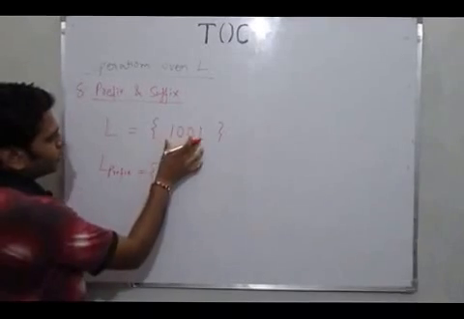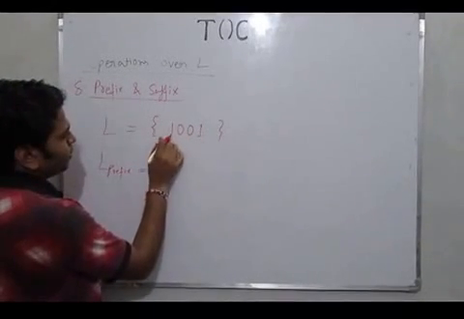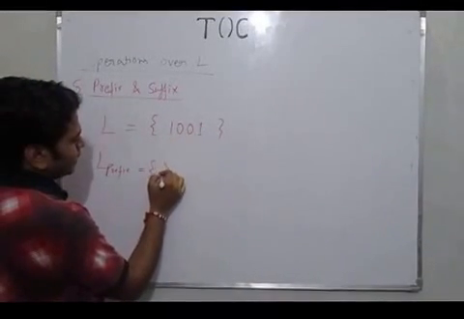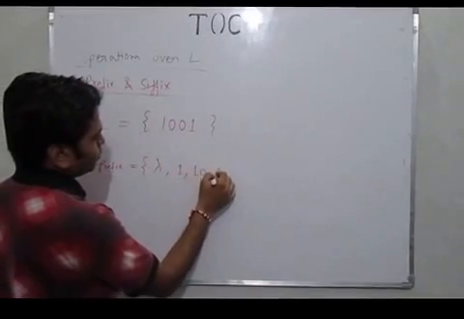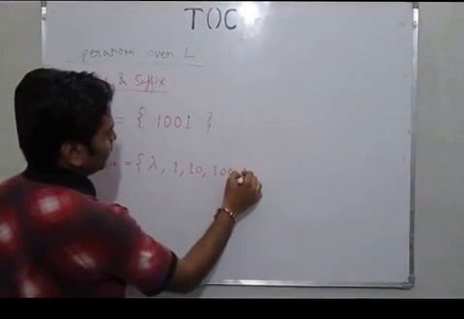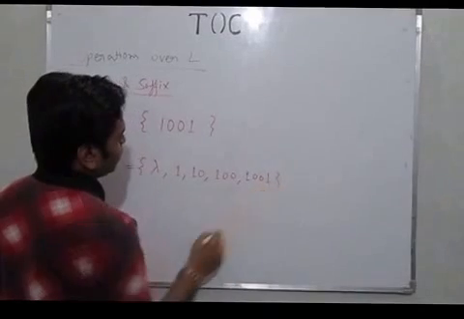First we obtain the prefix as lambda, 1, 10, 100 and 1001.